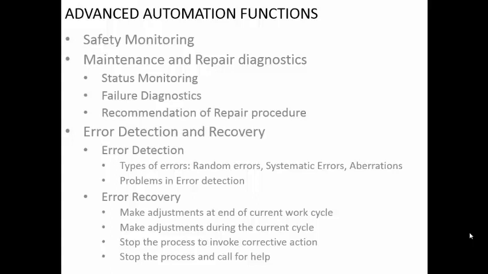Now the next one is a systematic error. These will be due to some aspects of the machine itself or the machine features. These systematic errors can be detected very easily, and you can have certain actions for them so that the system is functioning as per the requirement. The third one is aberrations.